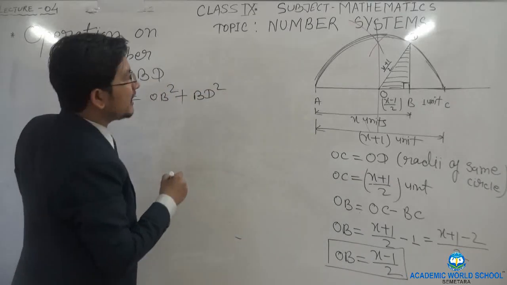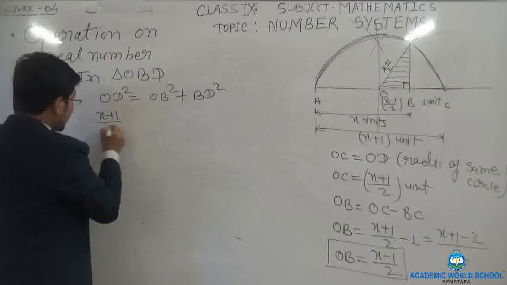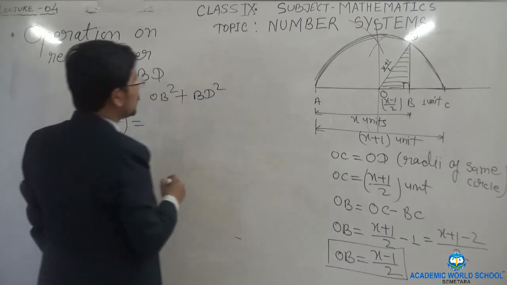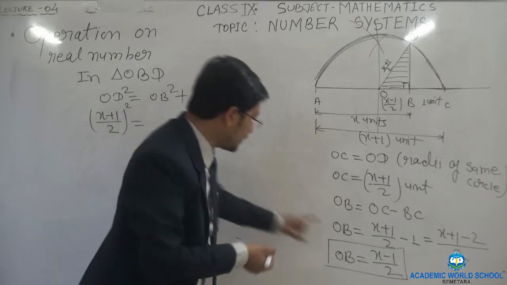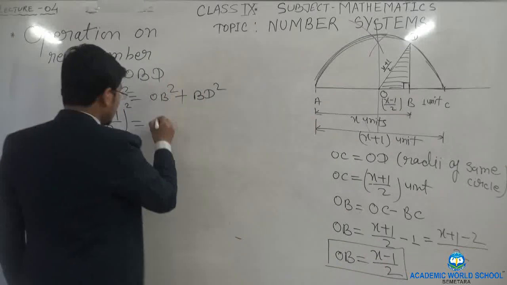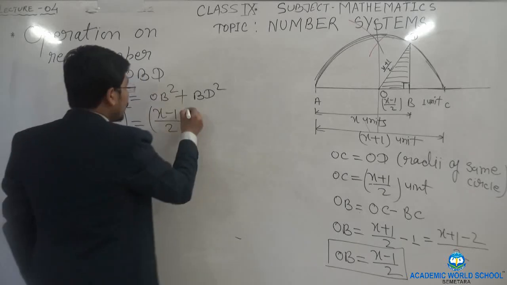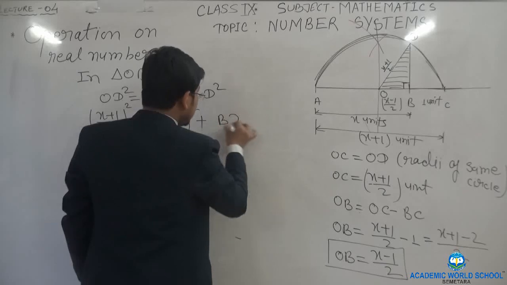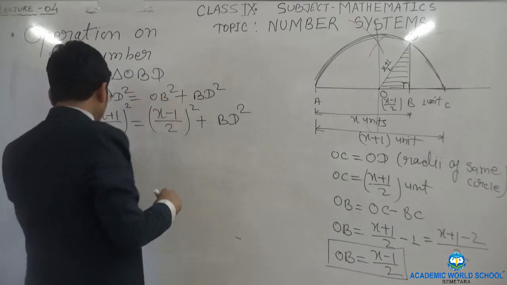So OD, that is x plus 1 by 2, squared, is equal to OB, that we know, x minus 1 by 2, whole square, plus BD square. Now we have to solve this.